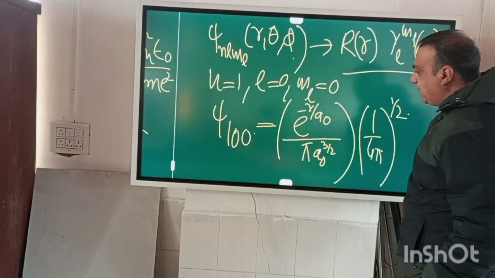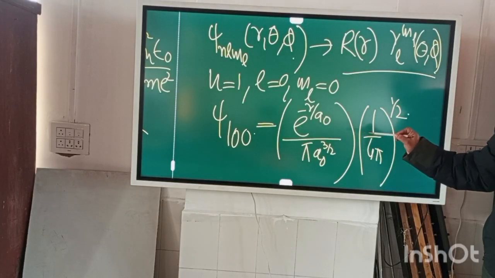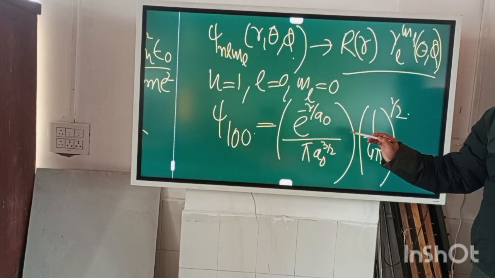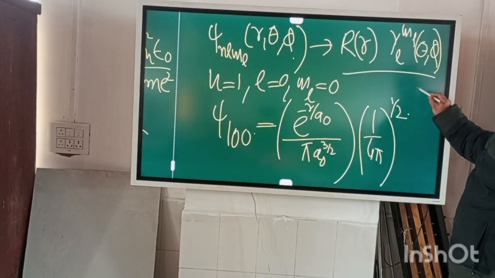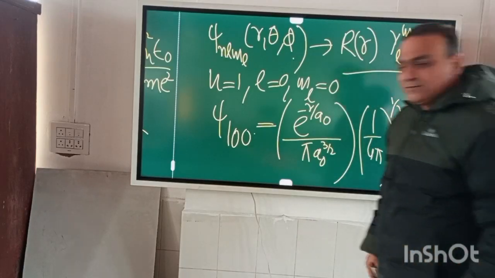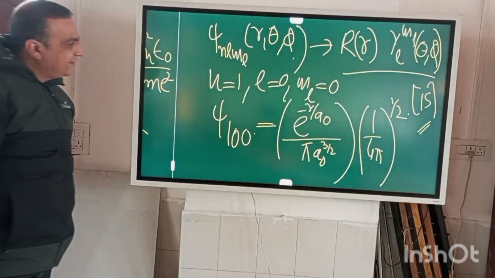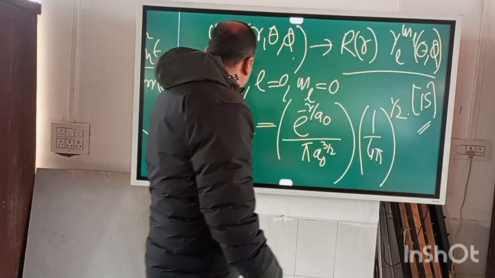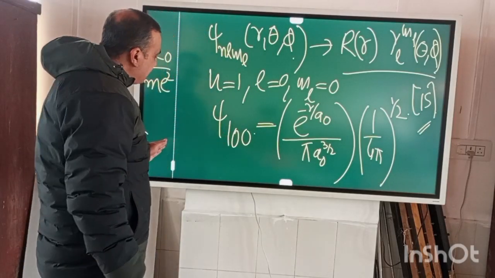Right? And this is our wave function for the ground state of hydrogen atom, and this we call the 1s state. S orbital, p orbital, d orbital. Okay, so I'll not go into the other details, but here we have the 1s orbital.